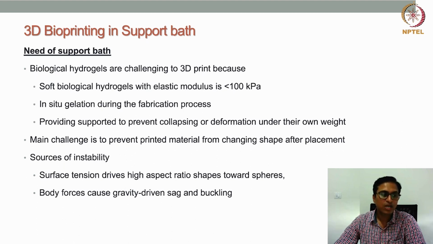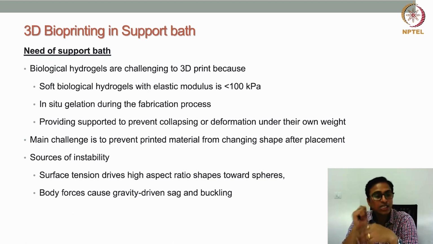One way to tackle this is to introduce some cross-linking or gelation during the fabrication process, that is, in situ gelation, which is required to maintain the shape and size of the structure. Otherwise, what will happen? The structures will deform or collapse after printing.